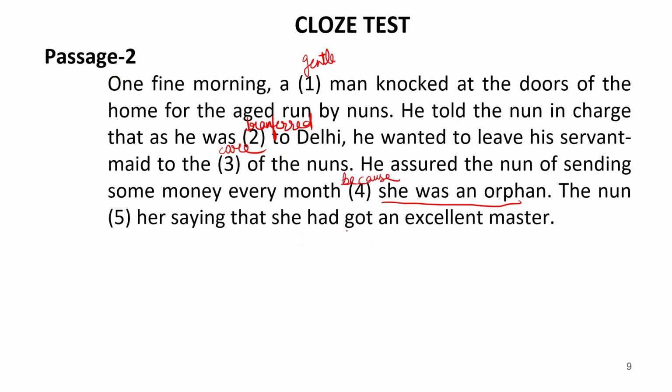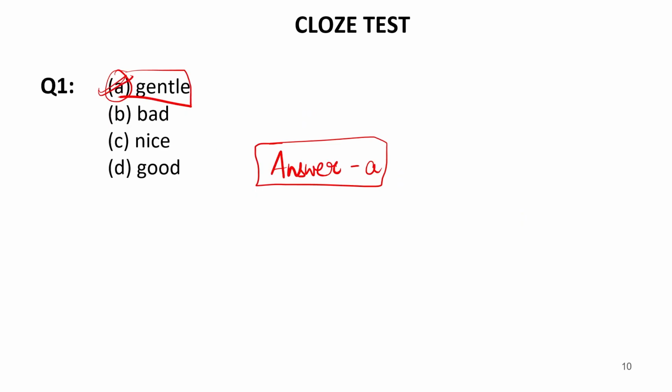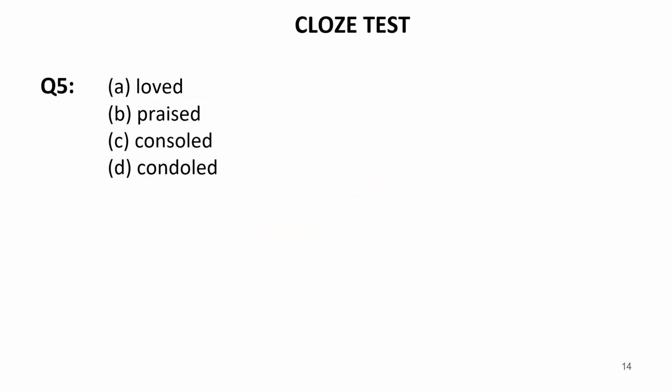The nun dashed her, saying that she had got an excellent master. Now what did the nun do? Loved, praised, consoled, or condoled. Obviously, loved and praised will be on the other side.